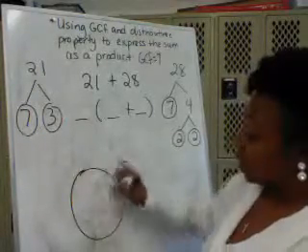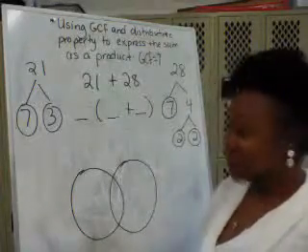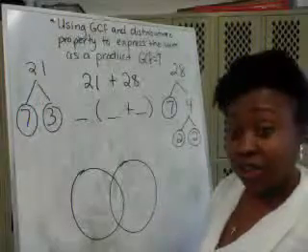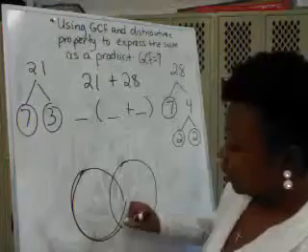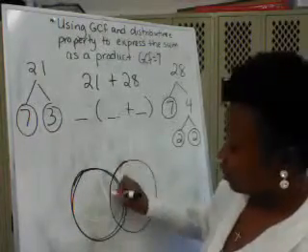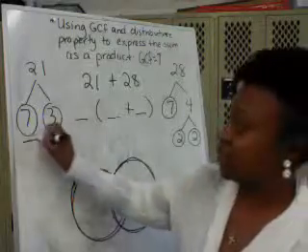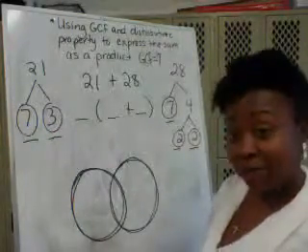Now I'm going to sketch my Venn diagram. Don't we love those? The Venn diagram is going to help me find my GCF for 21 and 28. This circle represents 21, and this circle represents 28. What do they have in common? 7 times 3, 7 times 2 times 2. What number do they have in common?